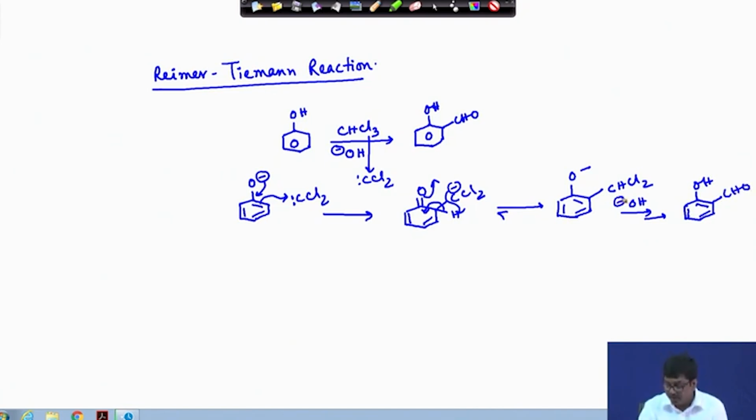So, this will attack over here, and it will liberate that Cl minus, and after that this will give you the final compound, that is the salicylaldehyde.